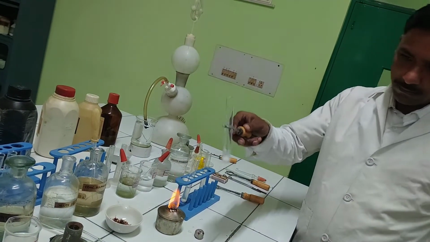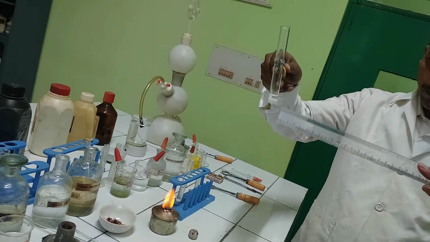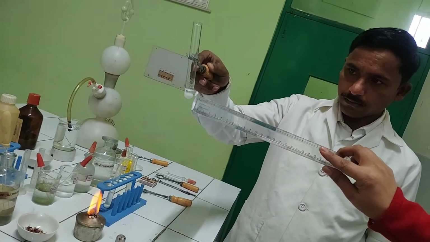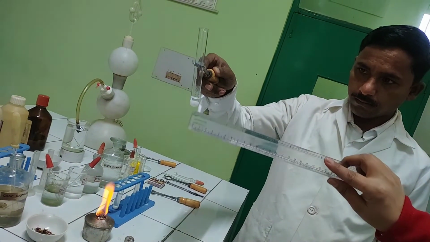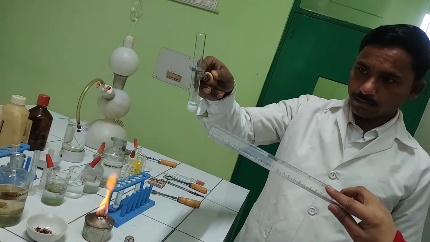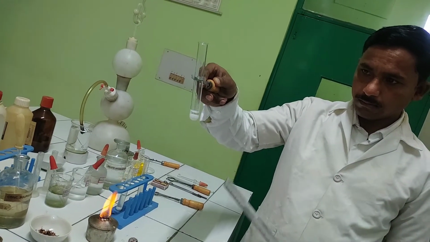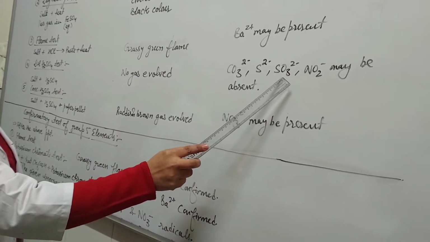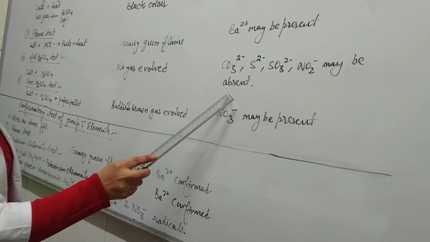Now you can see it does not dissolve in it. You can easily check that. No precipitate, no gases are evolved. It means carbonate ion, sulfide ion, sulfite ion, nitrite ion may be absent.